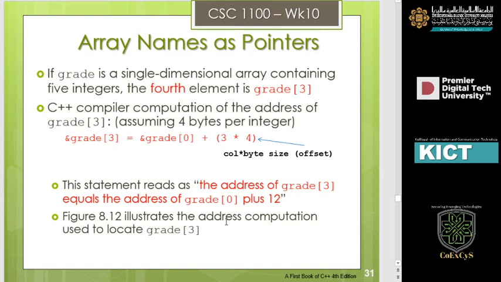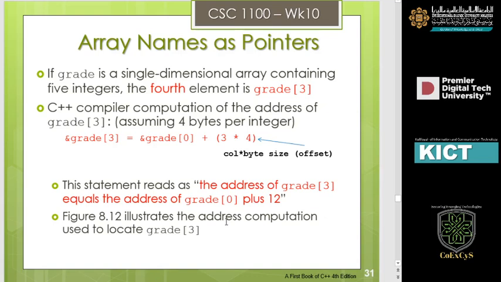So to access the fourth element, we have to multiply by 3, because we are pointing at the first element, so we have to point 4 bytes later each time.